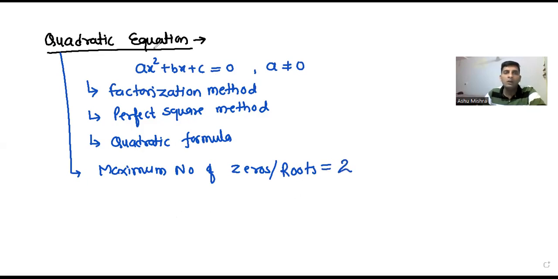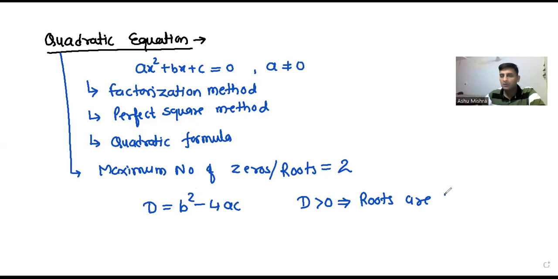How can you define whether roots are real or different, real or equal, real or imaginary? This is based on the discriminant. Discriminant means D. The value of D is given by b² − 4ac. If the value of D is more than 0, the roots are real and distinct.